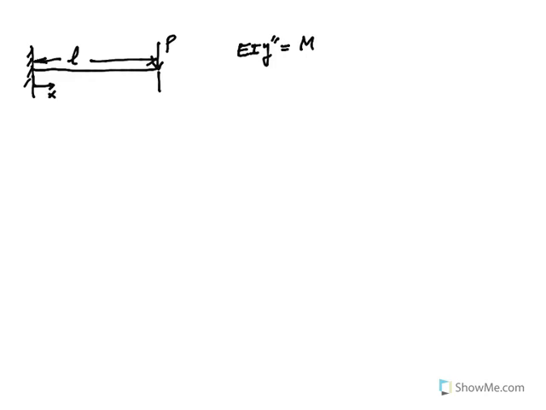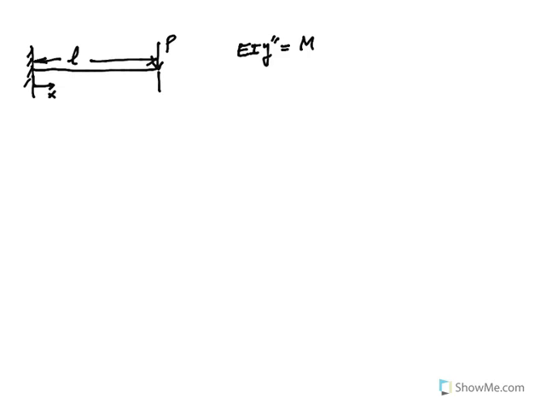If I go back to our cantilever beam and I take this to be my x direction, and I say the length of the beam is L. Remember, the equation is EI y double prime equals M, or y double prime equals M over EI. All right, so the first thing I want to show you is that if you can find the equation of moment as a function of position for this beam, and that's only one equation, then you are pretty much done.